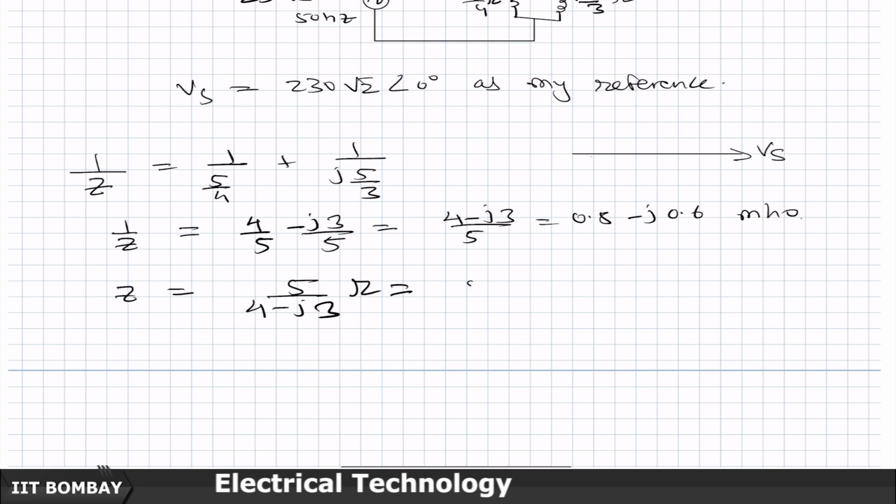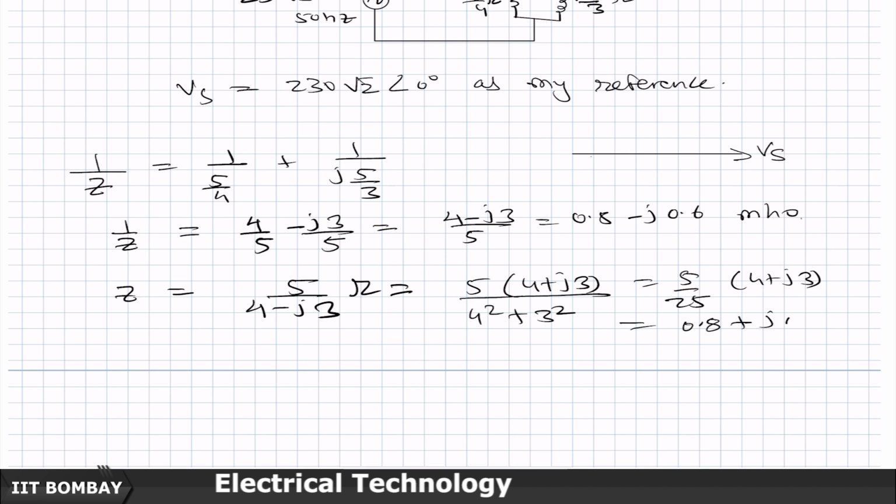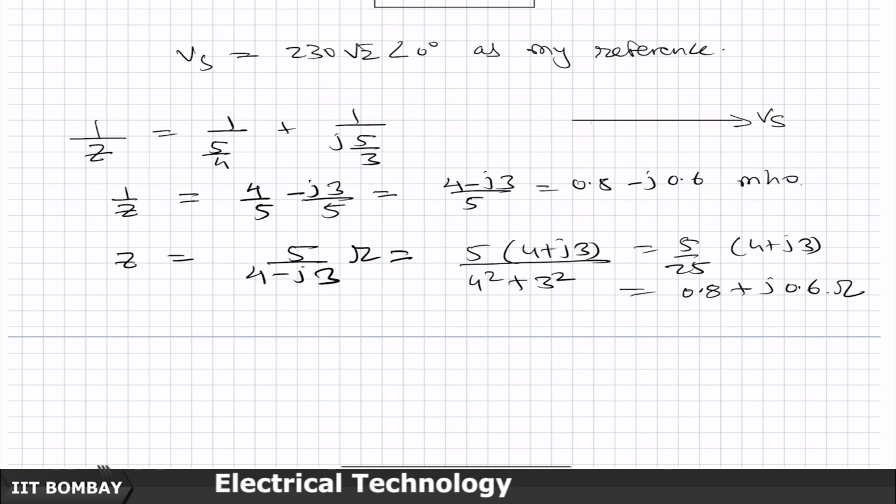If you multiply the numerator and denominator by its complex conjugate, then you get this, which is 5 by 25 into 4 plus j 3, which is 4 by 5 is 0.8 plus j times 0.6 ohms. So, now you can see that I have chosen nice numbers, so that the 1 by Z and Z calculation turns out to be simpler. This is just for the sake of illustration. Numbers can actually be rougher than what I have chosen here.